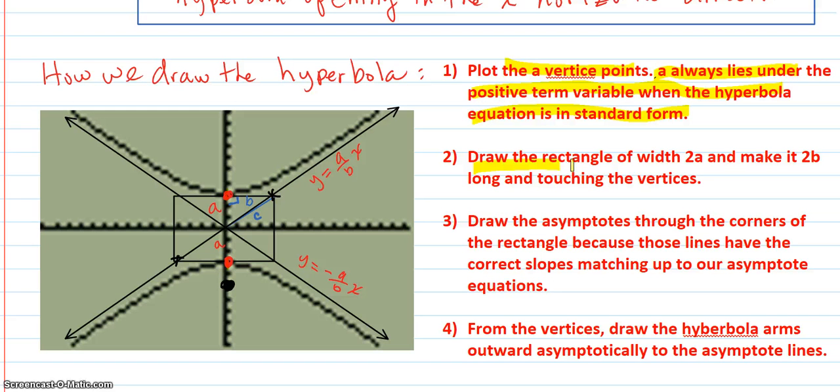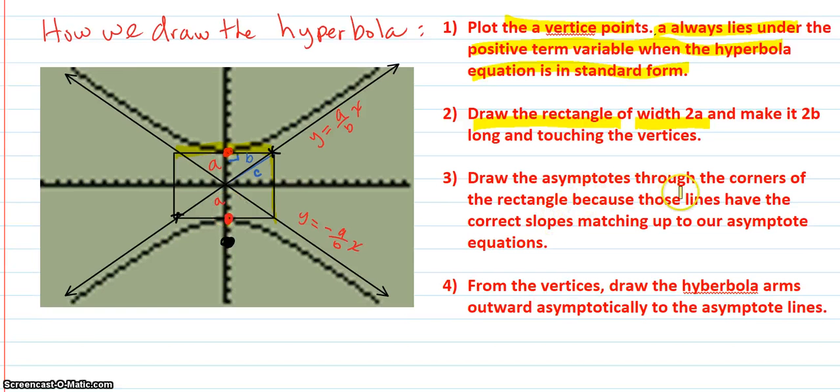Then draw the rectangle with width 2a. So that's this rectangle. So you make it touch out to the vertices and make it be 2b long. So you're going to count over b, and that's how you know when to end the rectangle. It's 2b long and 2a wide.